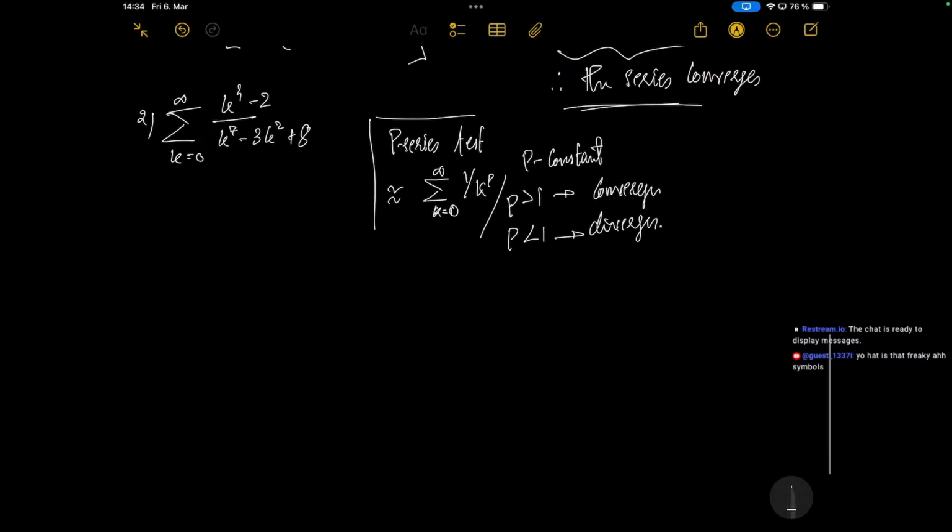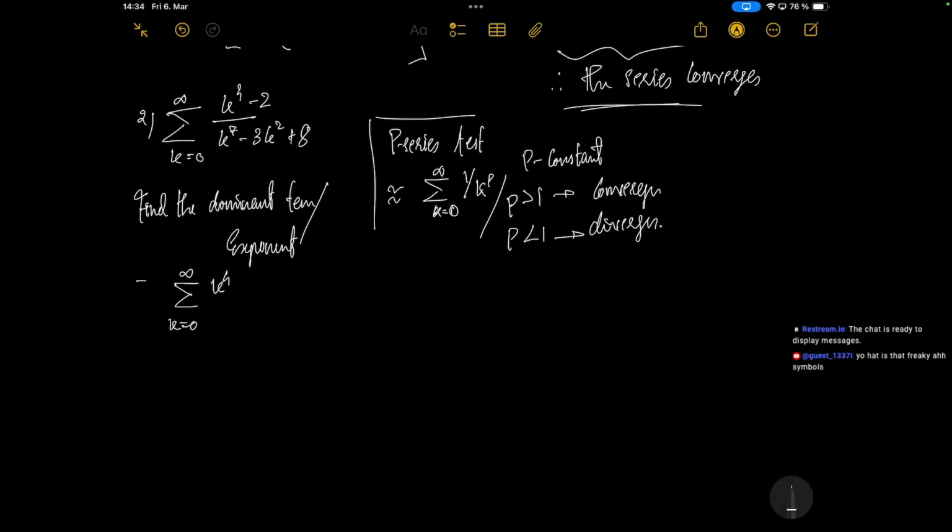So for this question, we're going to find the dominant term slash exponent. The sum from k equals 0 to infinity of k^4 minus 2 over k^7 minus 3k squared plus 8.